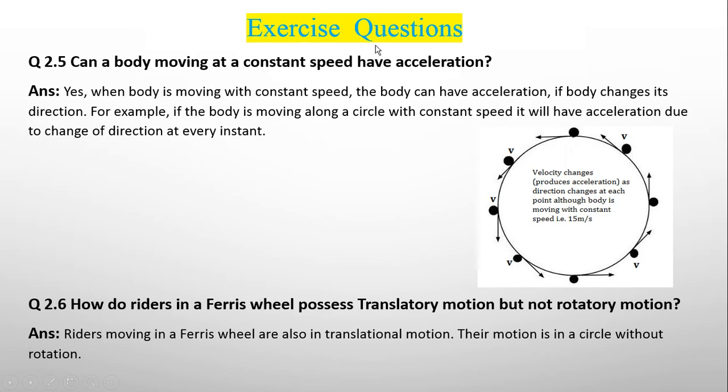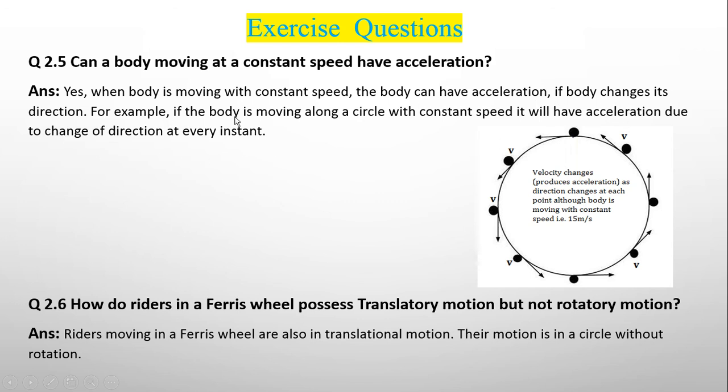Some exercise questions we have to discuss here. Question 2.5: can a body moving with a constant speed have acceleration? Yes, the body has acceleration because acceleration is the rate of change of velocity, and velocity can be changed by changing the magnitude, or by changing the direction, or by changing both. So when a body is moving with constant speed, it can have acceleration if it changes its direction.